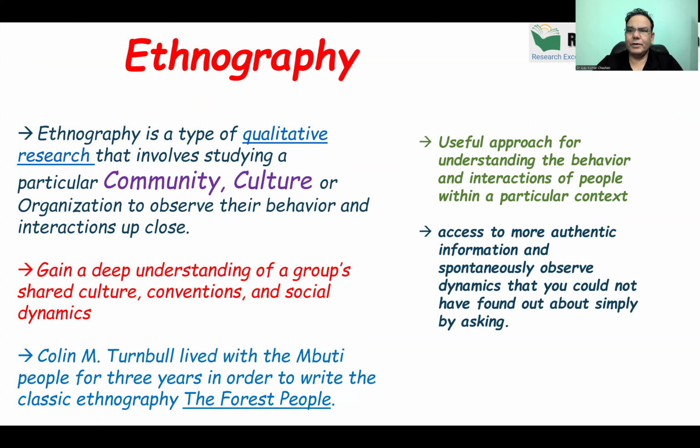Ethnography is a very popular word, especially in social science. Ethnography is about a culture, a community, or an organization. Community, for example, means the doctors' community. The doctors' community is a community. Army community.